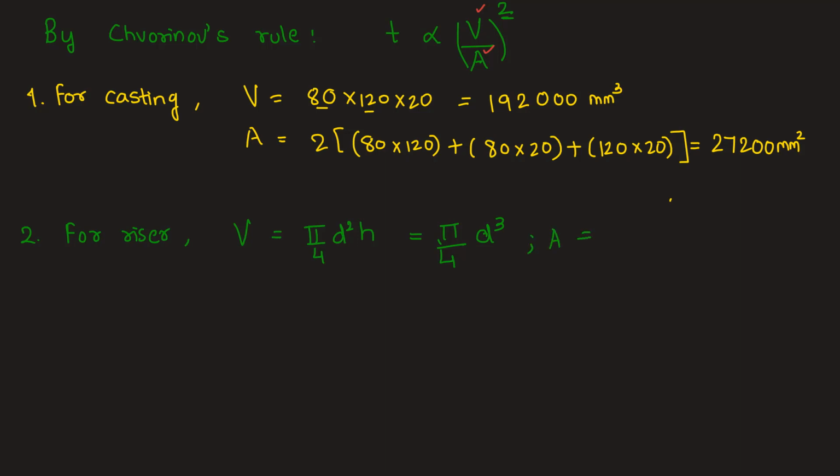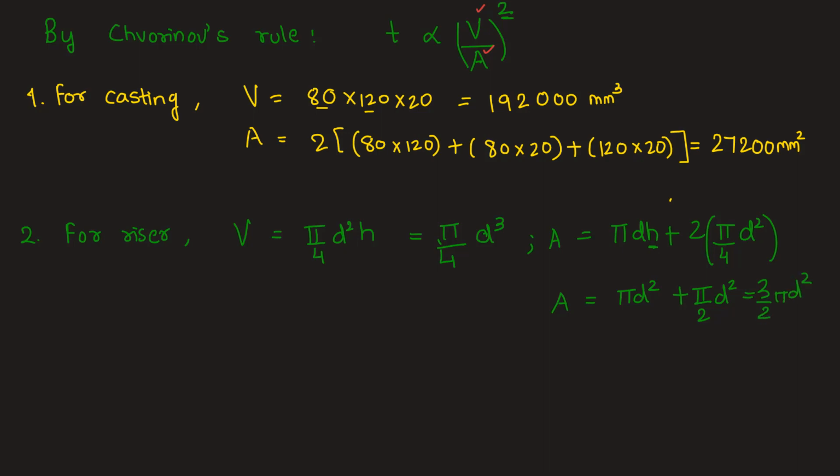The surface area for a cylinder will be the surface area of the curved part, which is pi d h, plus the surface area of the two circular surfaces in top and bottom, which will be 2 into pi by 4 d square. Again, substituting d in place of h, we have area equal to pi d square plus pi by 2 d square. Taking pi d square common, we have 1 plus 1 by 2 is 3 by 2. So it is 3 by 2 pi d square.